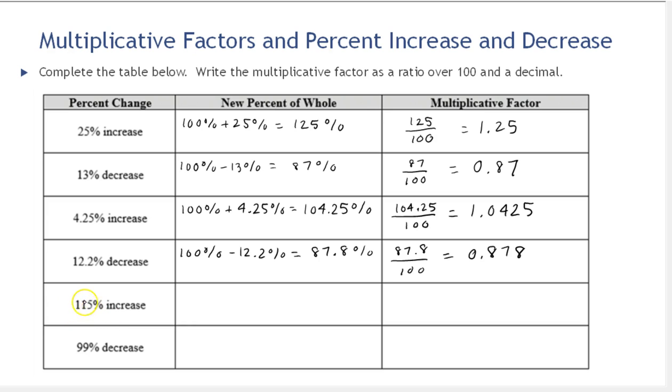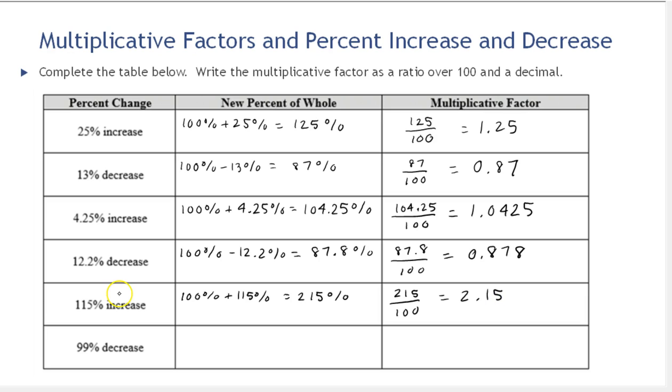Next, we have a 115% increase. So we start with our 100% and we're adding 115%. It's tempting to just add 15% because you see it's 15% more than 100, but we're starting with 100%. So the sum of these two percents is 215%, which is 215 over 100, or 2.15.